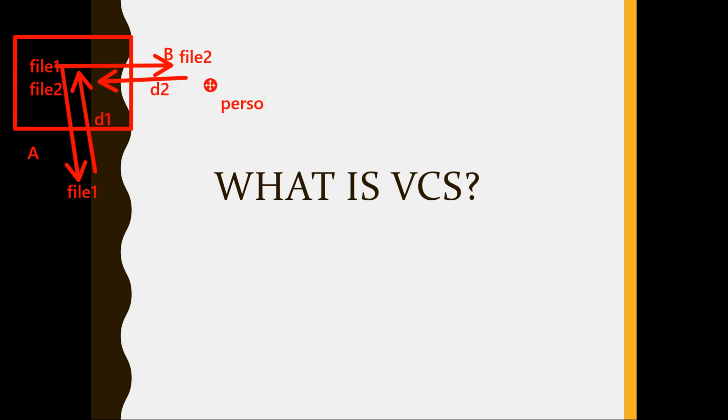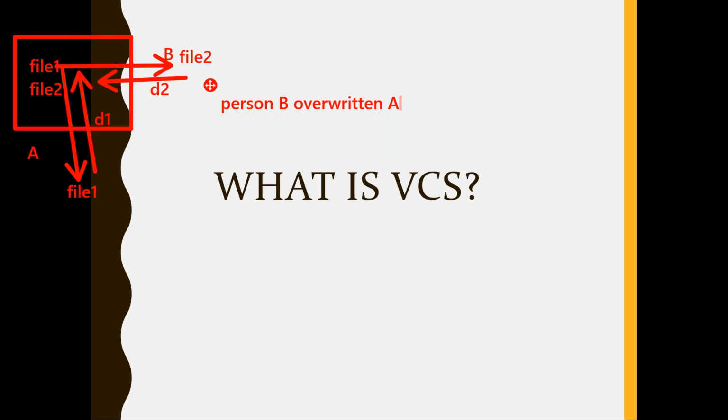Person B is overwriting person A's changes. B doesn't know that he is overwriting person A's changes. Similarly, A doesn't know that his changes are being overwritten. And this keeps on continuing. If this keeps on happening with a team of 10 people or whatever, at some point the project goes into a messed up, corrupted state.